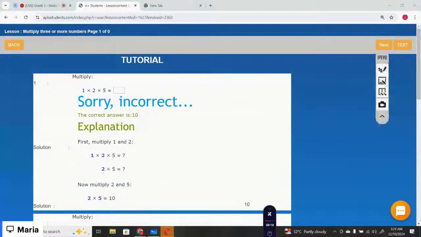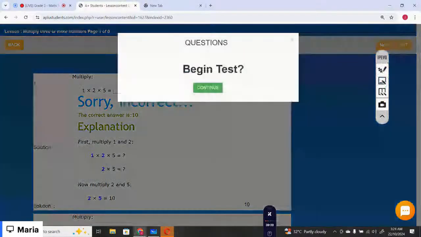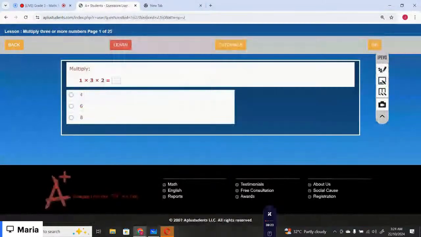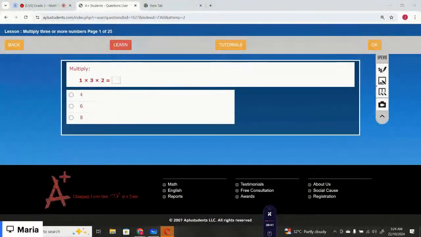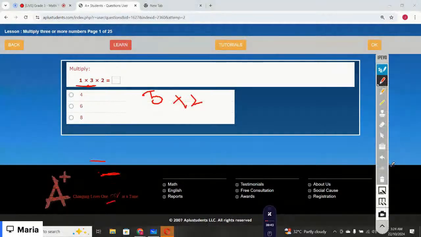Let's just start with the test questions. 1 times 3 times 2. So just make the pair of numbers, start with 1 times 3, right? 1 times 3 is 3 and multiply, sorry, 1 times 3 times 2. 3 times 1 is 3 and then 3 times 2 is 6.